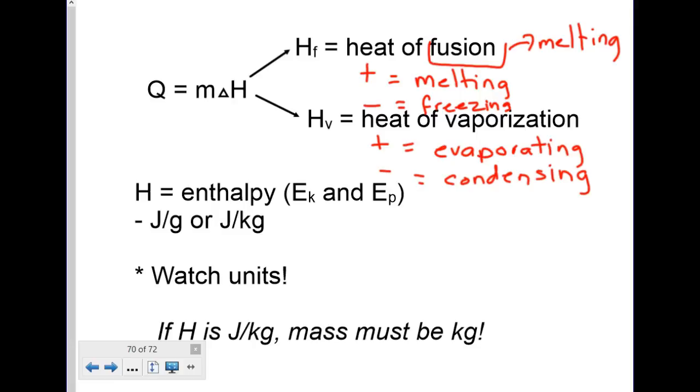So you need to be very aware of what units you're using, because whatever the denominator unit is on the heat of fusion or heat of vaporization value, you need to match your mass units. If you don't, things will not cancel out appropriately, and you'll be off by a factor of 1,000.